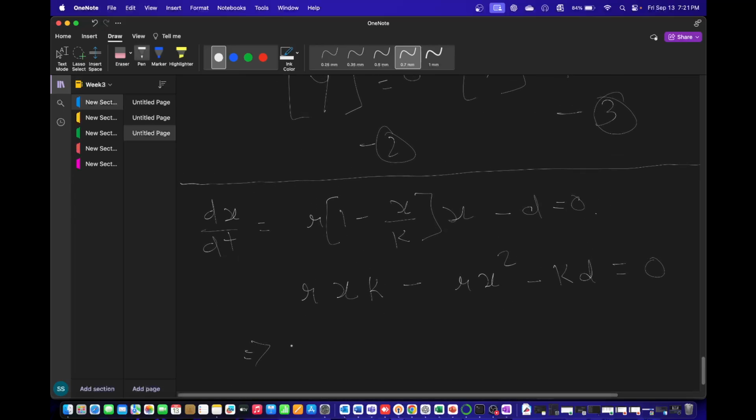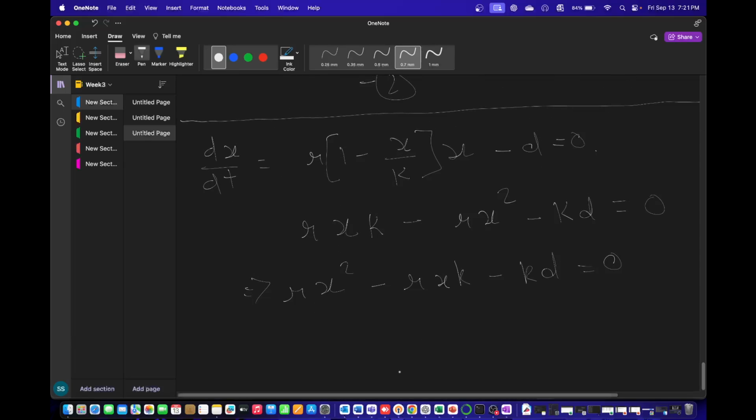Now rearrange: r x square minus r x k plus k d equal to 0. Now from here you have to use the quadratic formula. So for the steady state value, x equal to minus b plus minus root over b square minus 4ac by 2a.